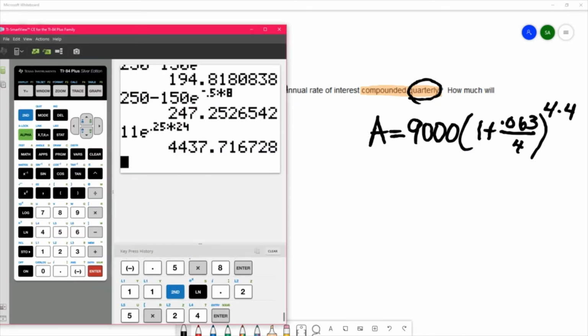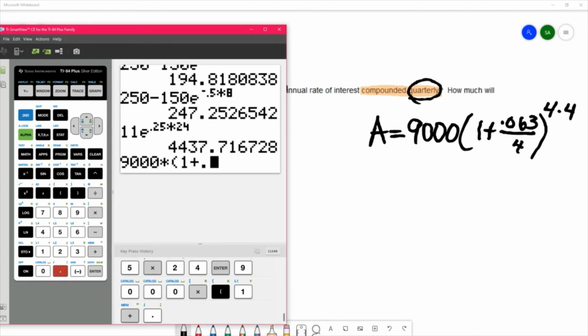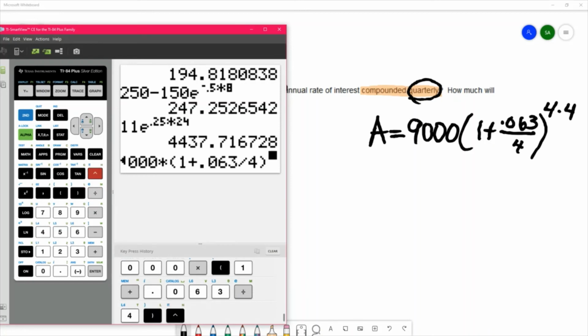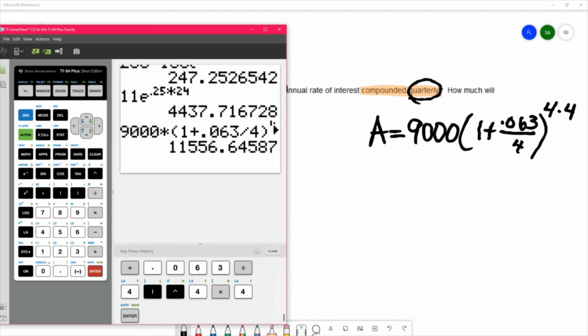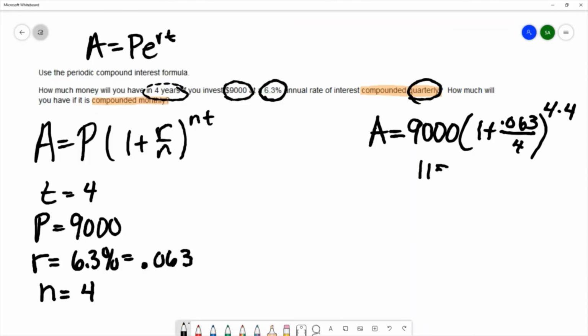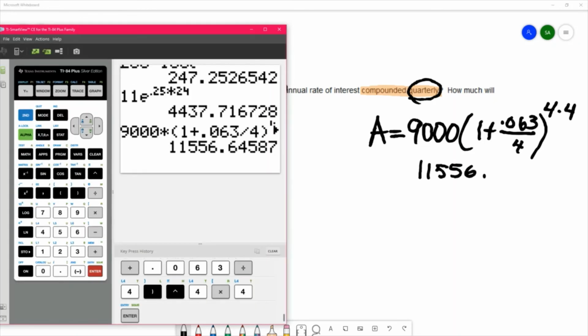We have 9,000 times 1 plus 0.063 over 4 raised to the 4 times 4. So that $9,000 would grow to be $11,556.65.